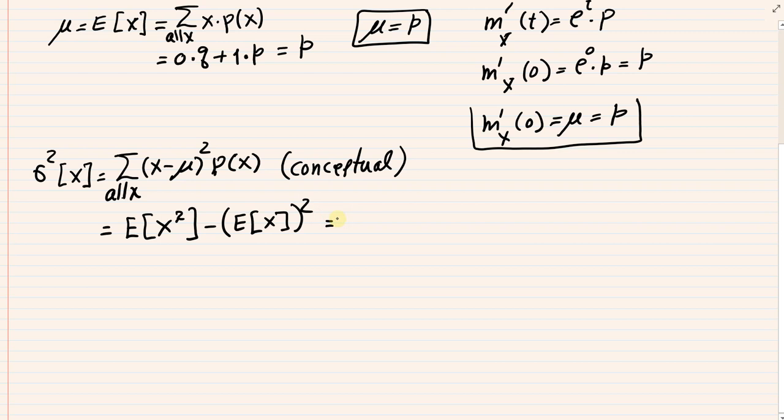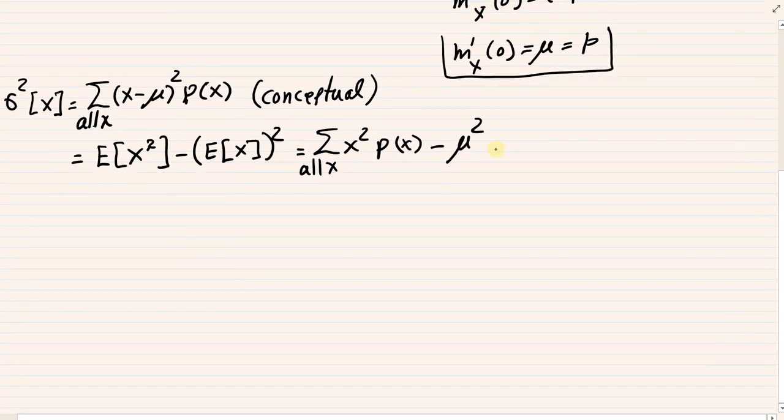Now, the expected value of X squared is the sum of x squared times P of x, over all x, minus the expected value of X, which is mu, squared. We can do this again: the outcome times the probability of the outcome, doing the sigma at this point. The next one is 1 squared times the probability of success, minus the square of the expected value of the random variable, which is mu.